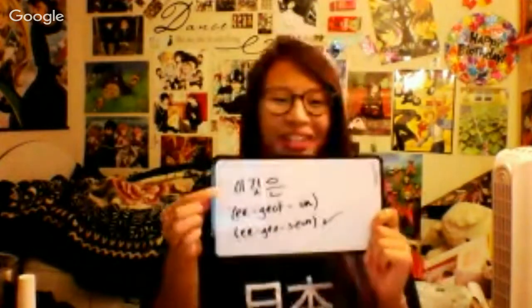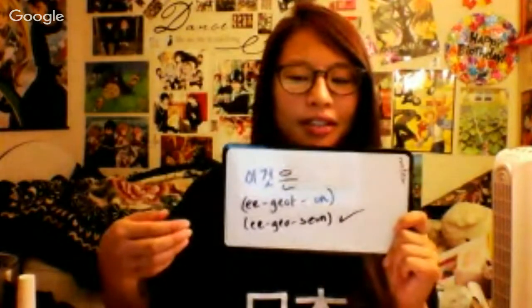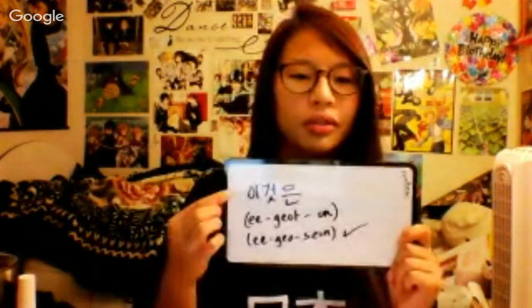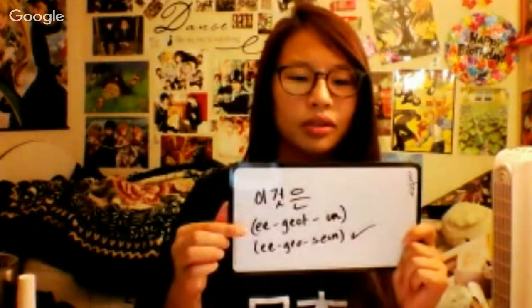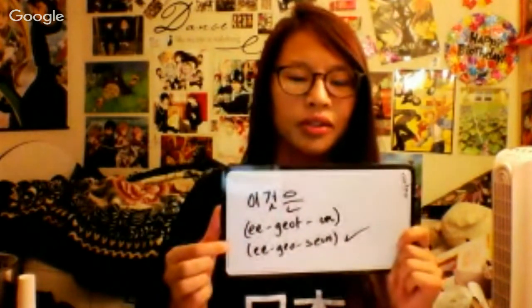So 이것은 is like you would be speaking of the topic that's going to be compared in a sentence. The reason why this is 이것은 is because you drag the S sound over, so that's why there's a check mark.